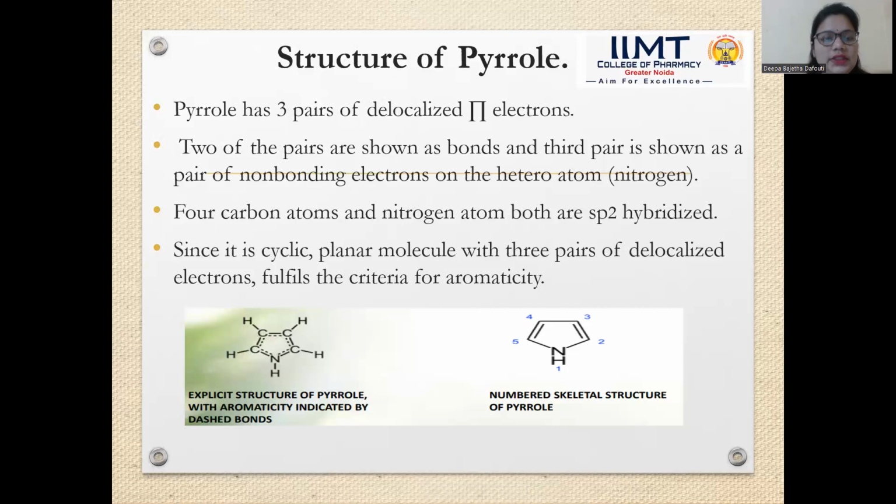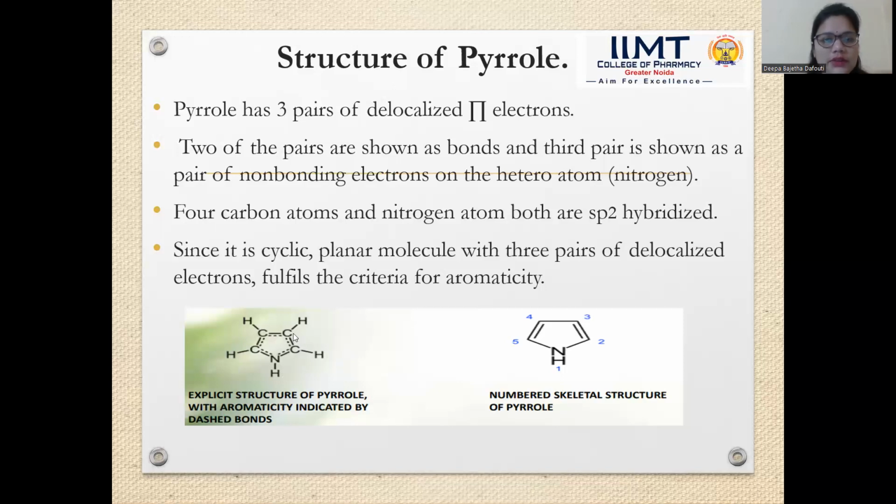So of these three pairs, two of the pairs are shown as bonds and the third pair is shown as a pair of non-bonding electrons on the heteroatom nitrogen. This nitrogen is a heteroatom. Here one pair of non-bonding electrons is present.